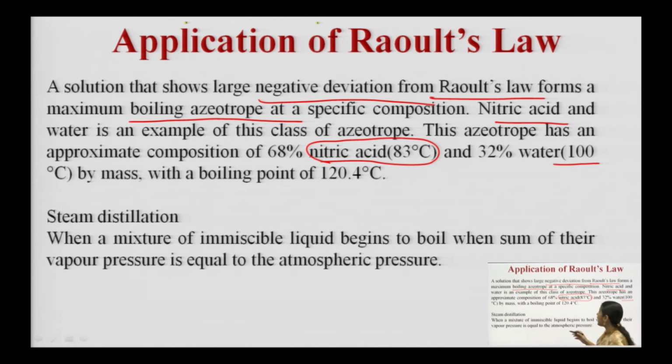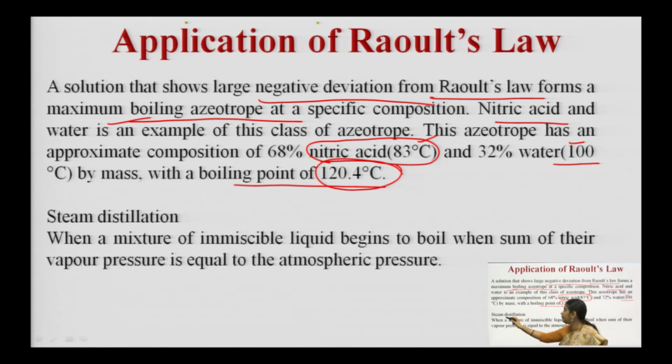But when they are heated together, they form an azeotropic mixture, and the mixture boils at 120.4 degrees Celsius. They start boiling together at this temperature, which is higher than the boiling temperatures of nitric acid and of water. So, they form maximum boiling azeotropes.